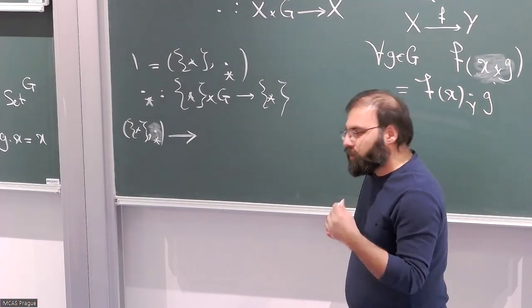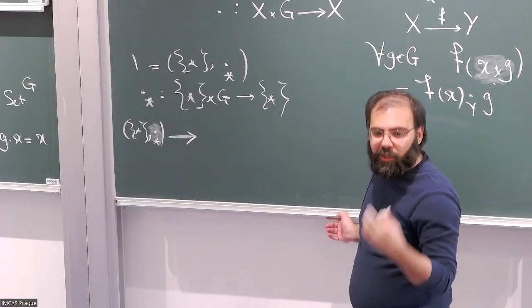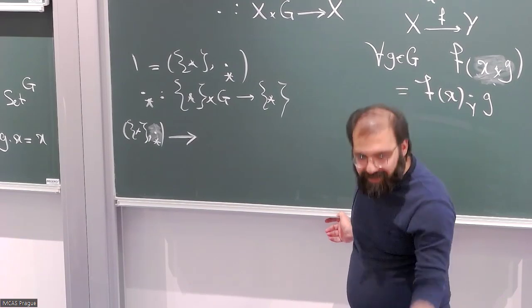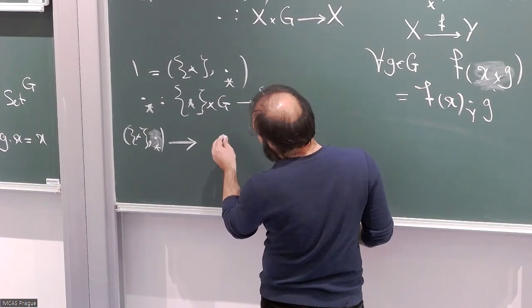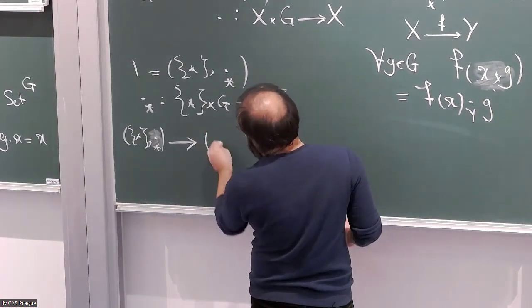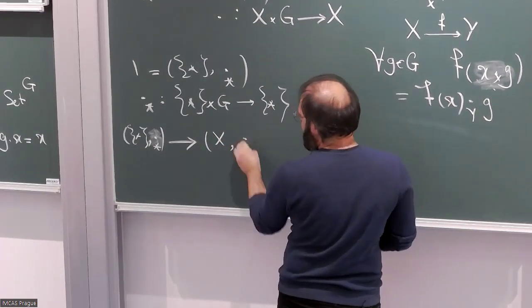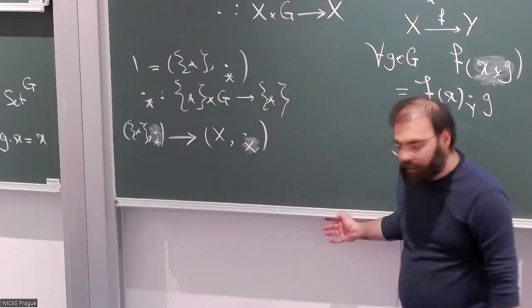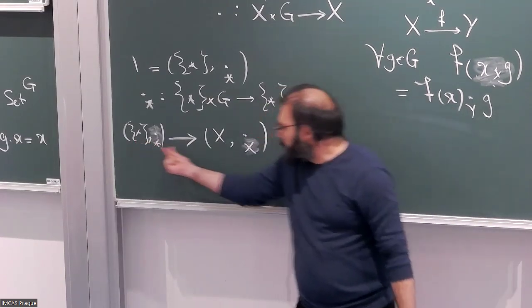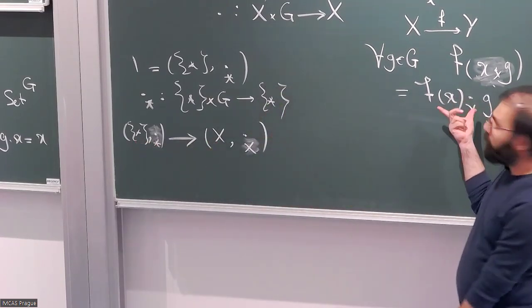If I say the global element, then that's wrong. So it should be global elements of my X and star, right? Then they are functions from this to X with this property.